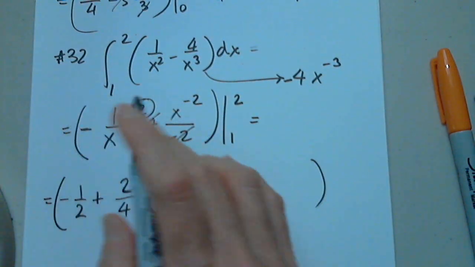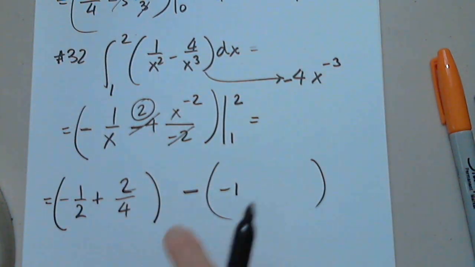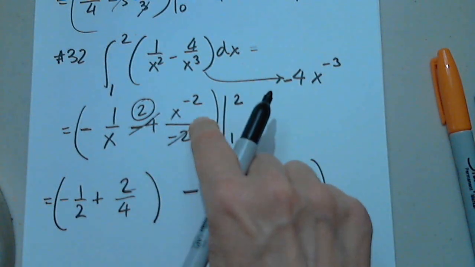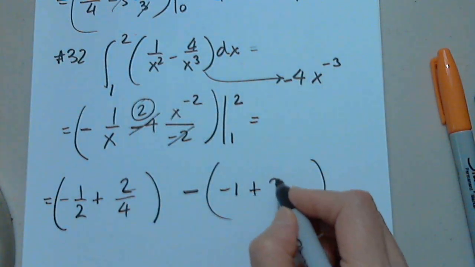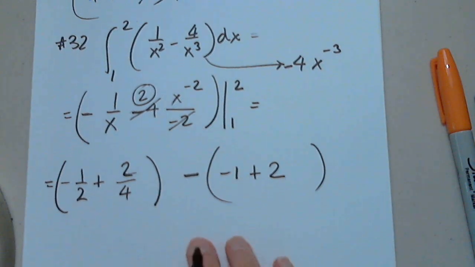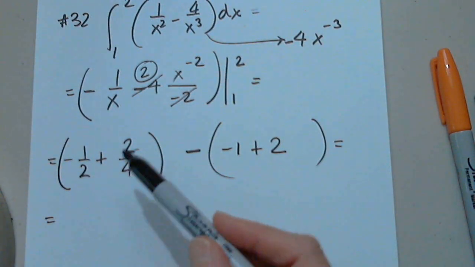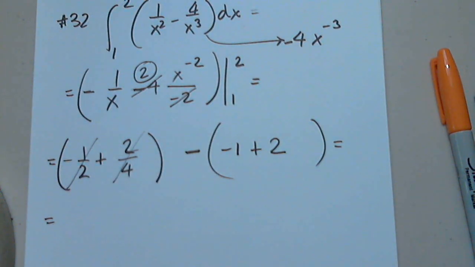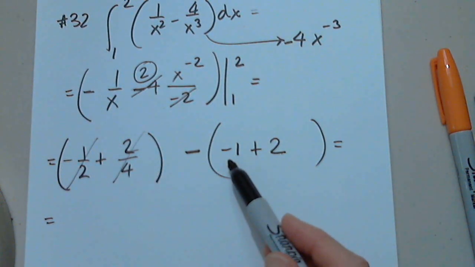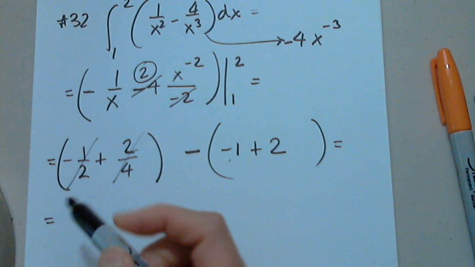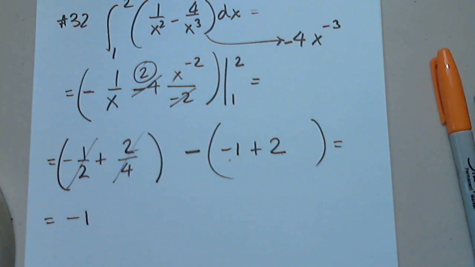Minus, when I plug in 1, I get negative 1. When I plug in 1, I get 1, but I have a 2 in front. So it happens that this is 1/2. Negative 1/2 with 1/2 will go away. 2 minus 1 is 1 with minus in front is negative 1.